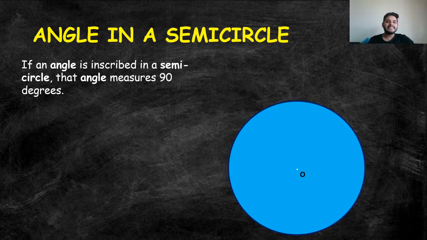No, when it is inside the circle, the angle in a semicircle theorem does not apply. When the third vertex is also on the edge of the circle, that is, the point should lie on the circumference, then only we can say that that particular angle will be 90 degrees by using the theorem of angle in a semicircle.